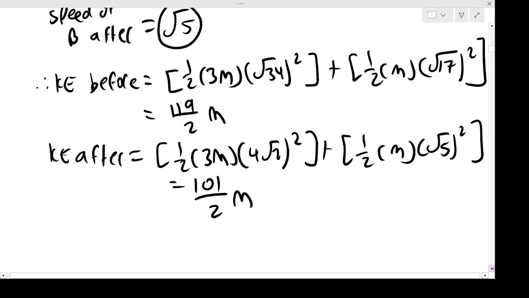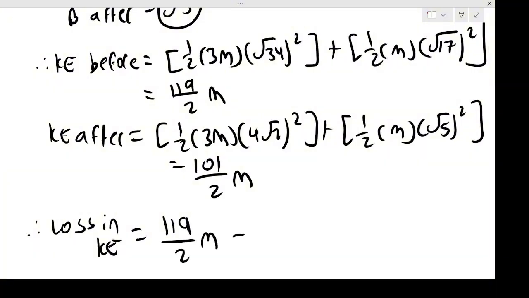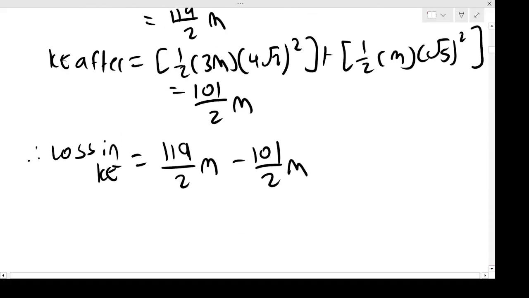So therefore, the overall loss in kinetic energy is going to be the kinetic energy before, 119 over 2 lots of m, minus 101 over 2 lots of m afterwards. And so that simplifies to 9m.